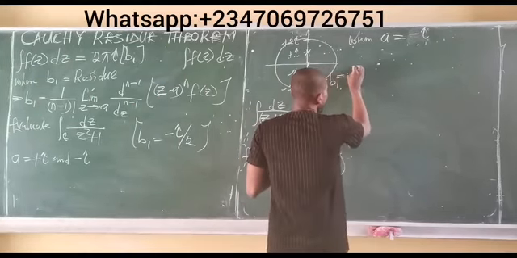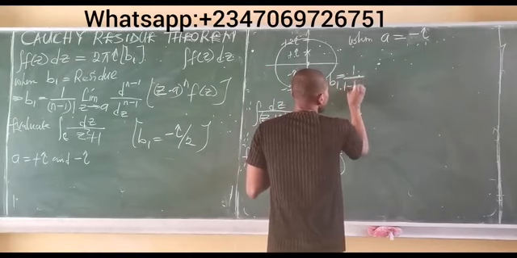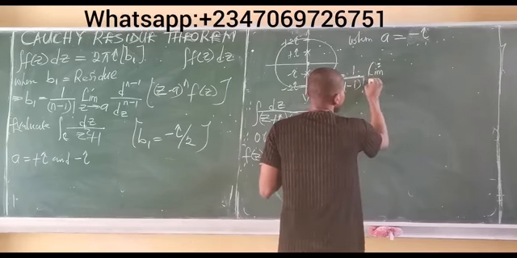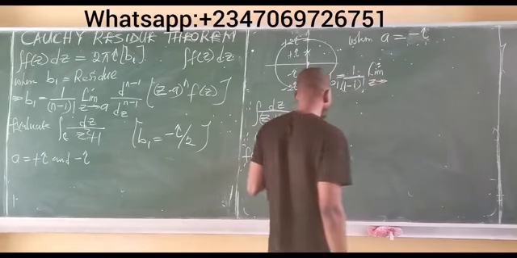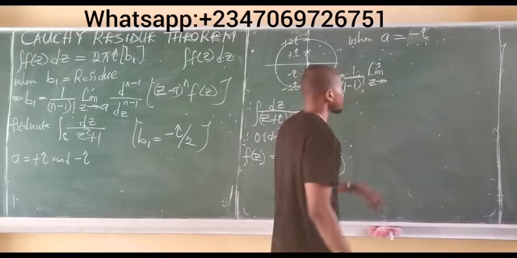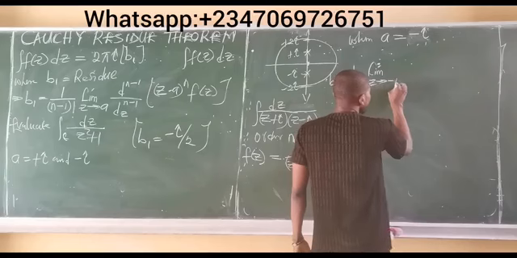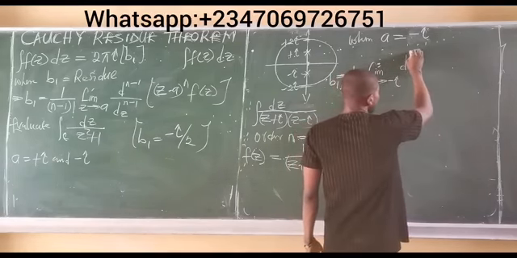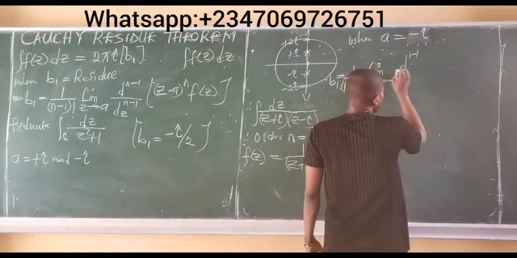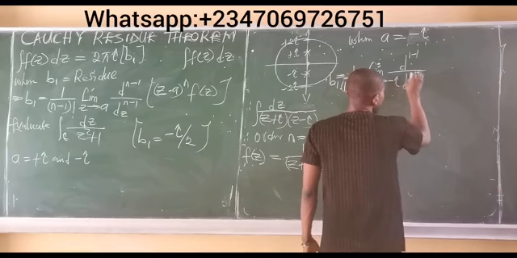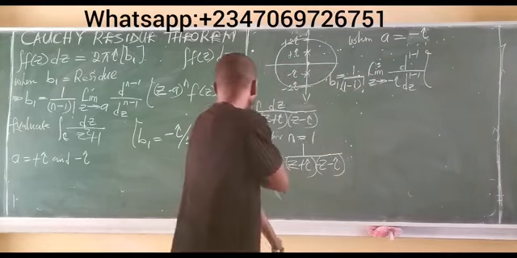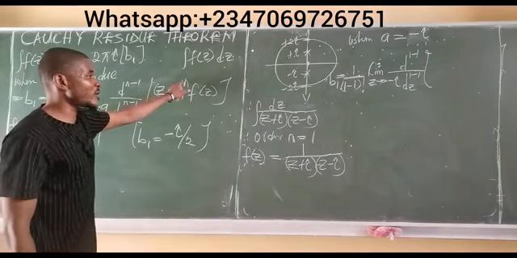So this is now 1 all over 1 minus 1 factorial, limit as z tends to a, which now is minus I, so it becomes limit as z tends to minus I, the d to the n minus 1, and n is 1, so it becomes d to the 1 minus 1 all over dz to the 1 minus 1, multiplied by z minus a to the power of n.